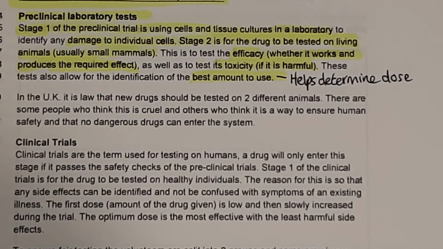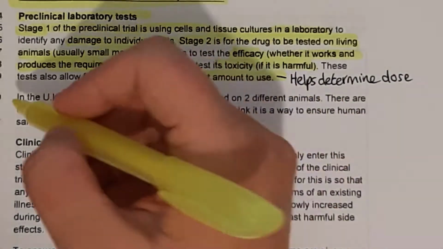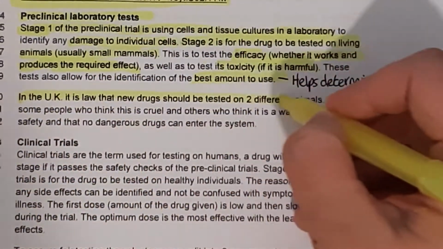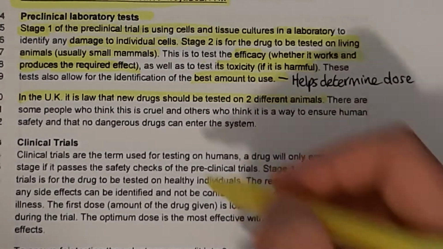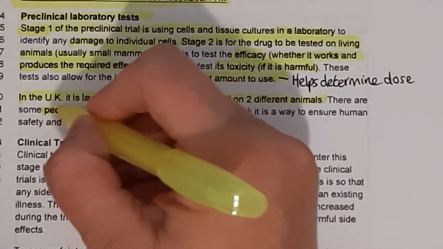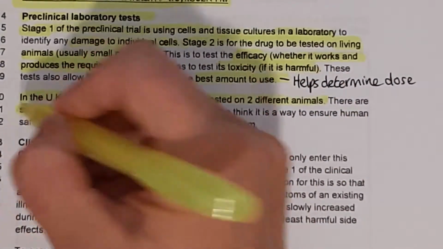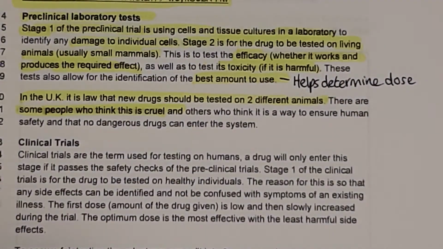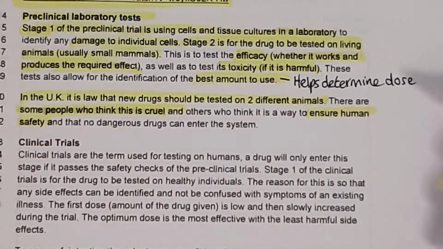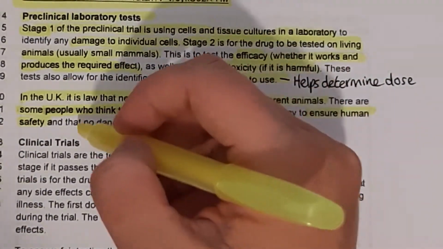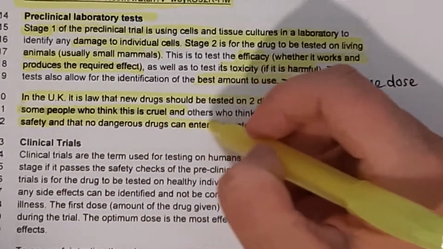Okay, so in the UK, we have a law that says that new drugs should be tested on 2 different animals. Now, there are some people who think that this is cruel, and other people think this is a way to ensure human safety, and so that no dangerous drugs can enter the system.